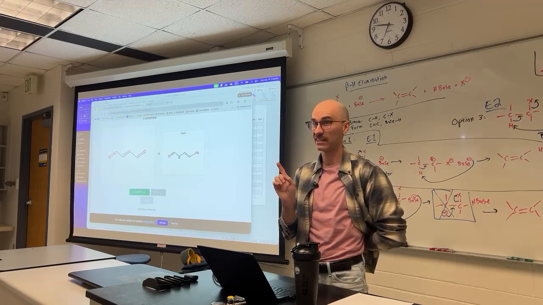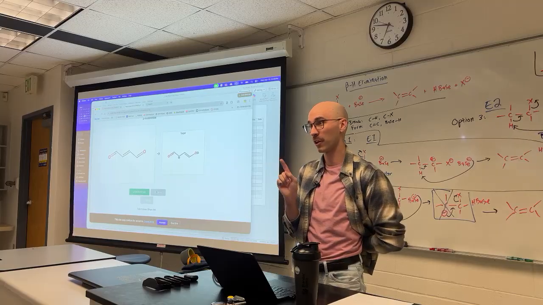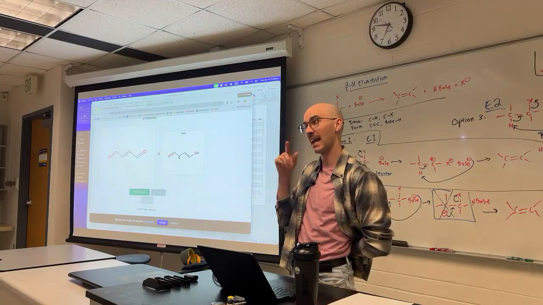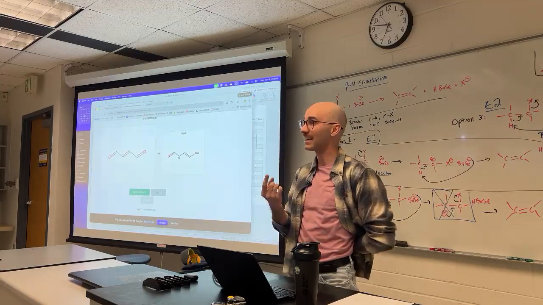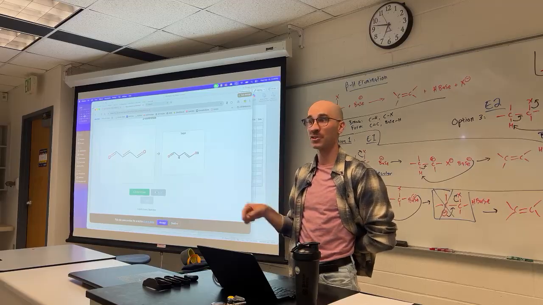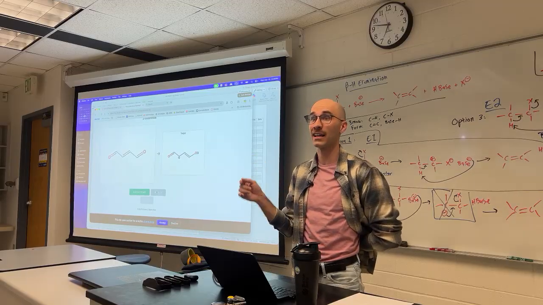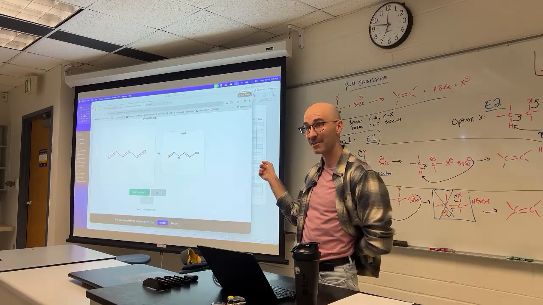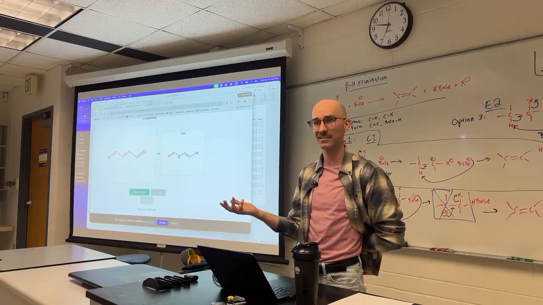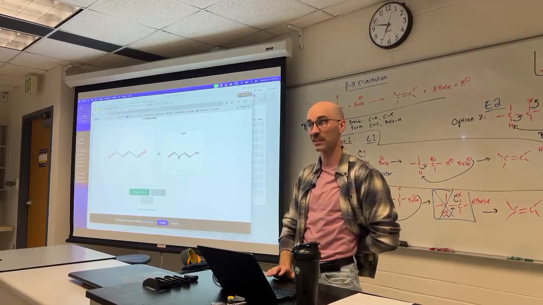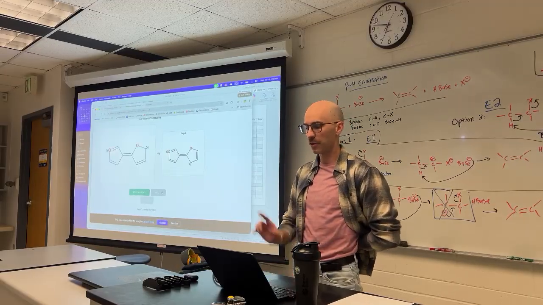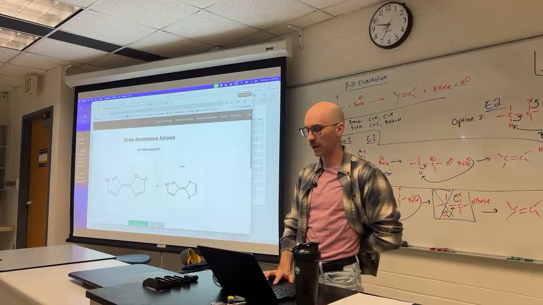I don't like that. I want you to show all relevant lone pairs. I don't ever want to see an arrow that starts at an atom. Arrows don't start at atoms, they start at electrons. And the atom is a representation of the nucleus. The symbol is a representation of the nucleus, not the electrons. So there's one, that's my main flaw with it.